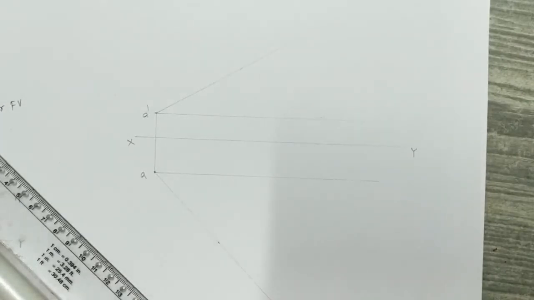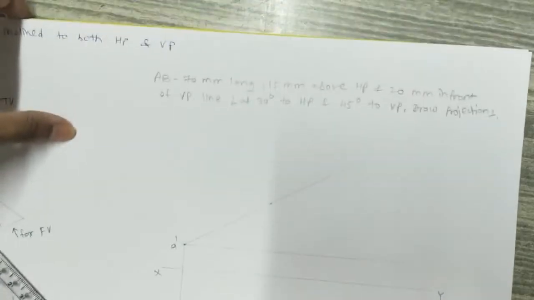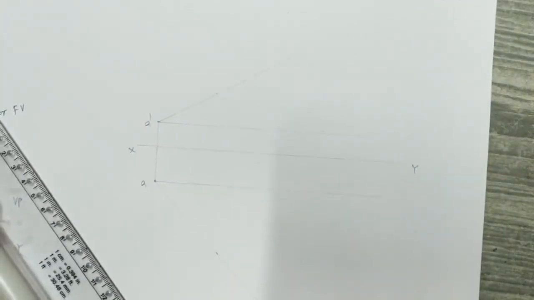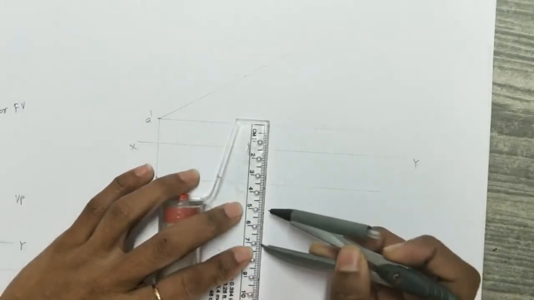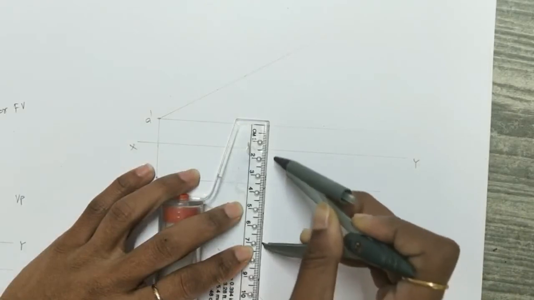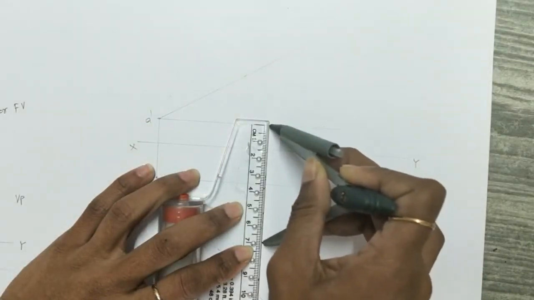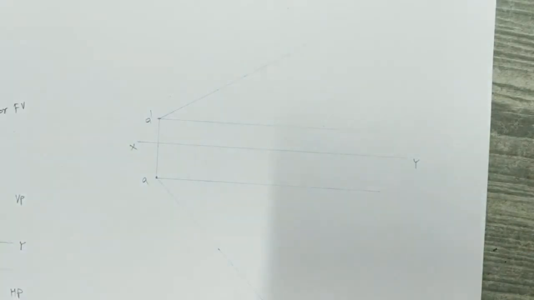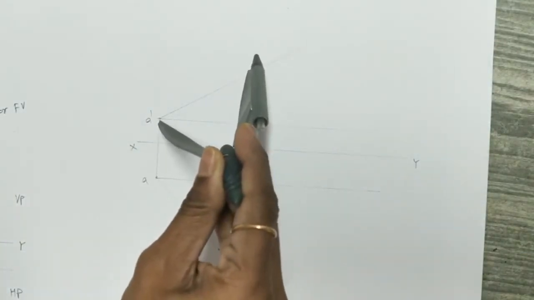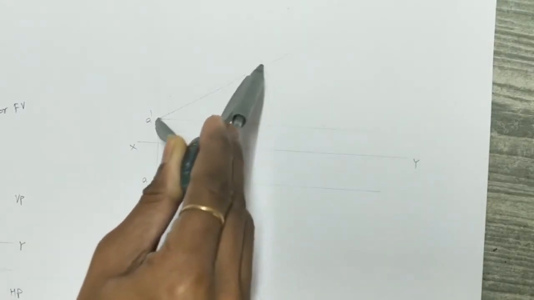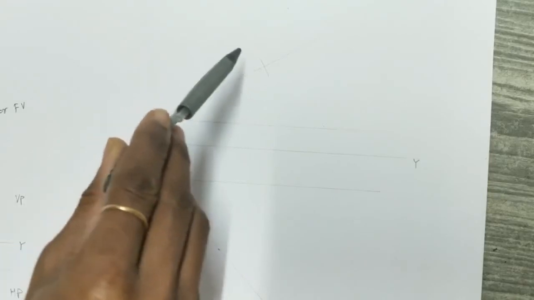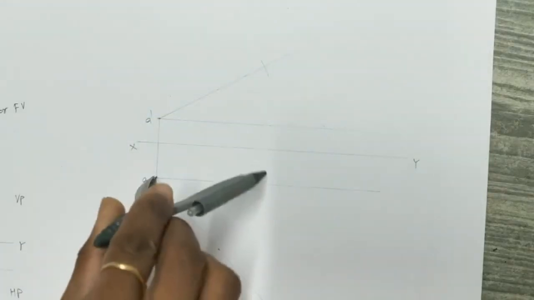Now measure the true length, which is given as 70 mm. See here, measure 70 mm with the compass and draw the arc on the inclined line from point A also.